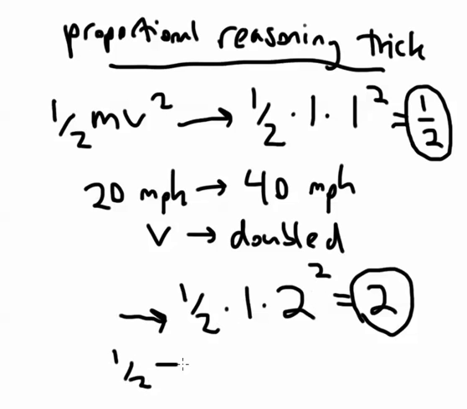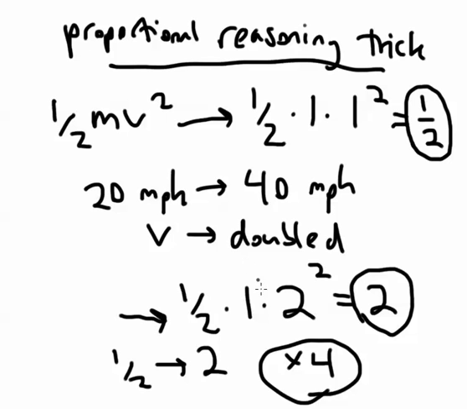So 1/2 going to 2 means it multiplied by 4. So that's telling me that the kinetic energy multiplies by 4 whenever the speed is multiplied by 2. And that's all I needed to know to solve that previous problem. So this should work whatever the speed is. If the speed is going from 100 miles an hour to 200 miles an hour, it's doubling, so the kinetic energy should be multiplied by 4.